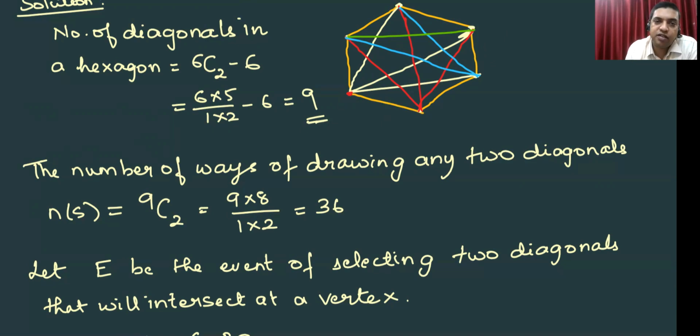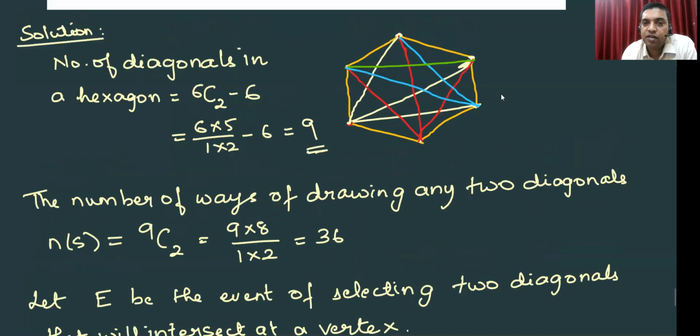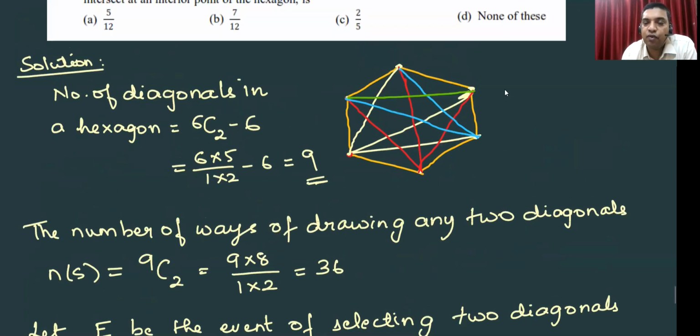Okay, I got your logic. What you're saying is that you have to select 4 distinct points from 6 points. Then 6C4.